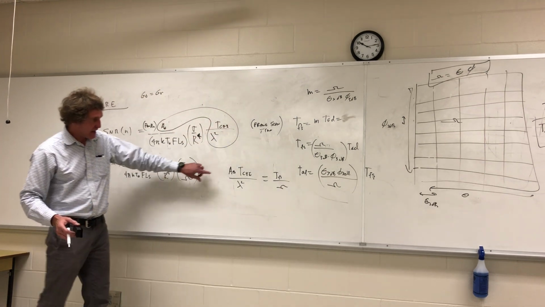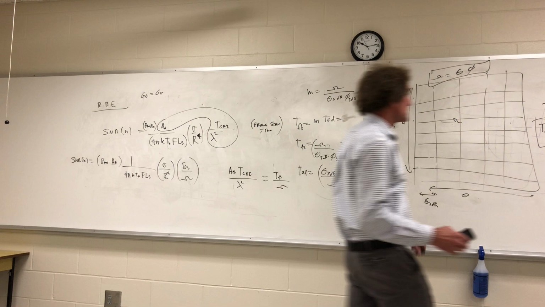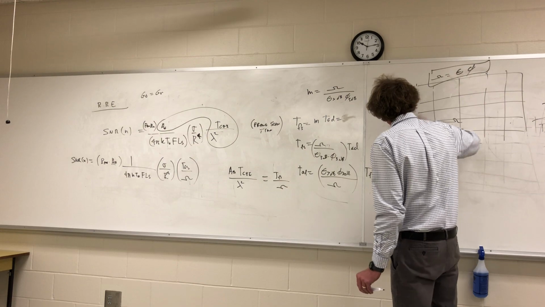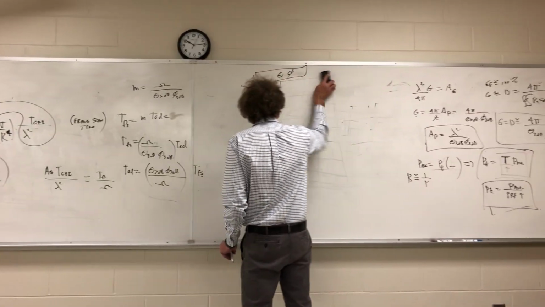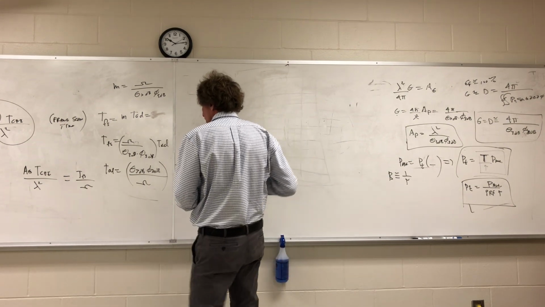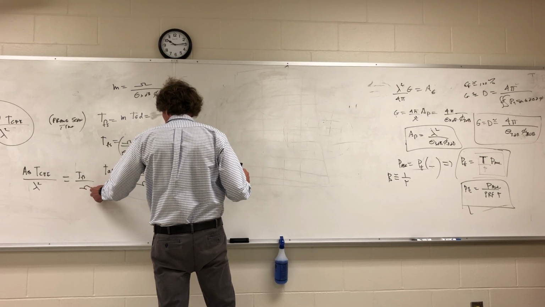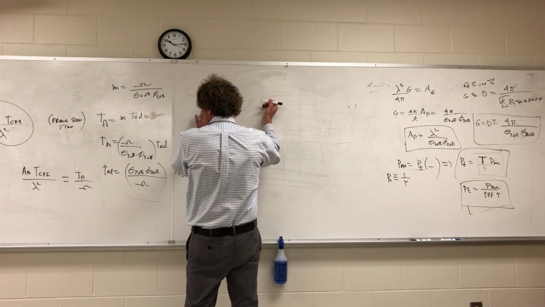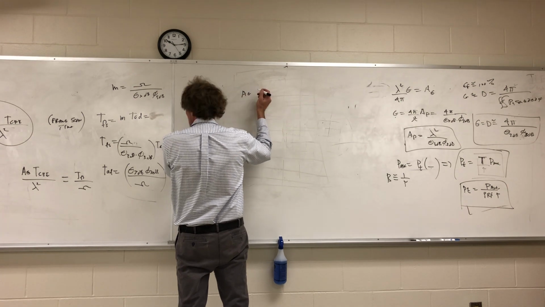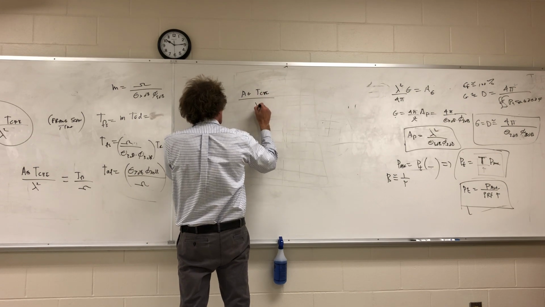I know that this aperture times the coherent processing interval, I'm going to just erase this right here. When I look at the area times T, coherent processing interval, divided by lambda squared.